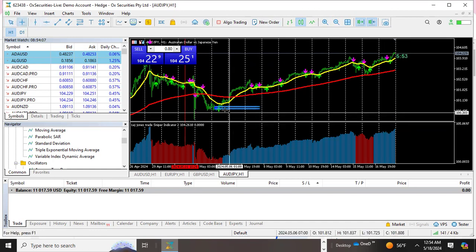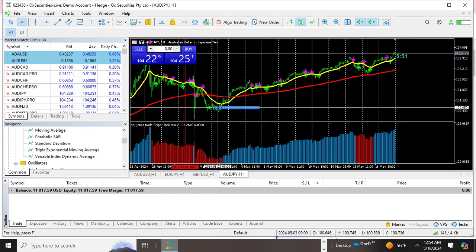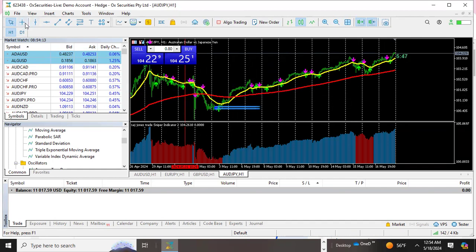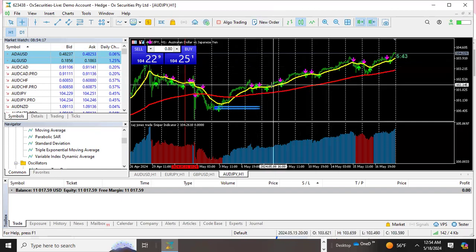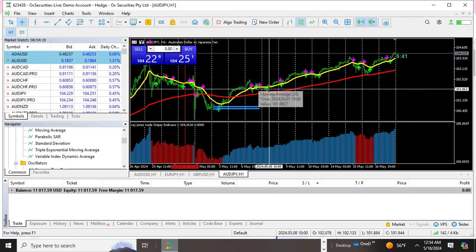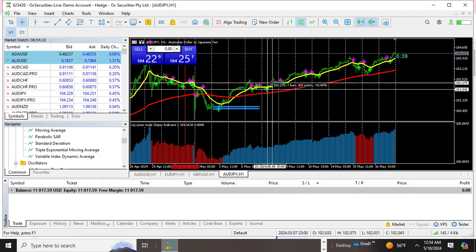So if I entered, I could have entered here and held it and took profit here, or I could have waited until the 26 was above the 200 and entered here. This is a whole day. Look, these are candles from a whole day, right?